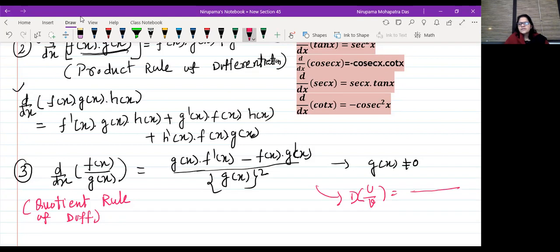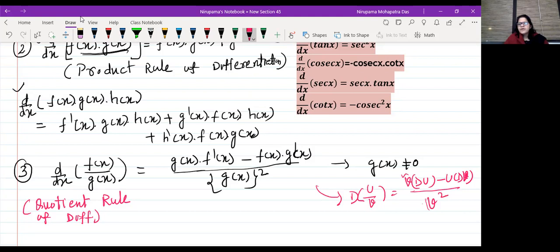Let's write it like this: v square, v into du minus u into dv. So you write v square, then v. Then I think you will not make any mistakes.